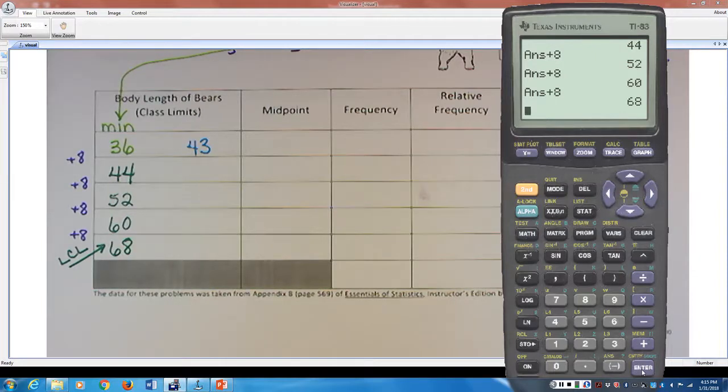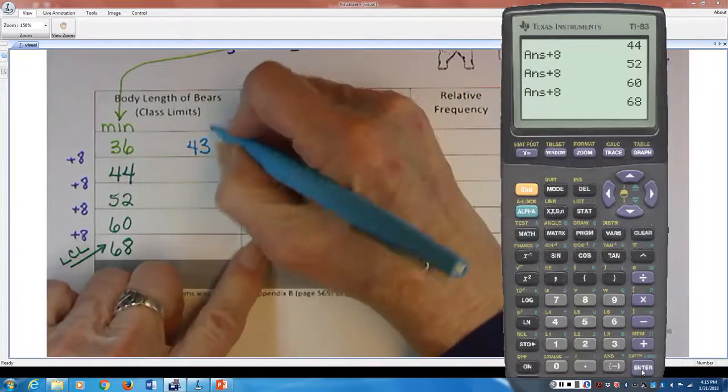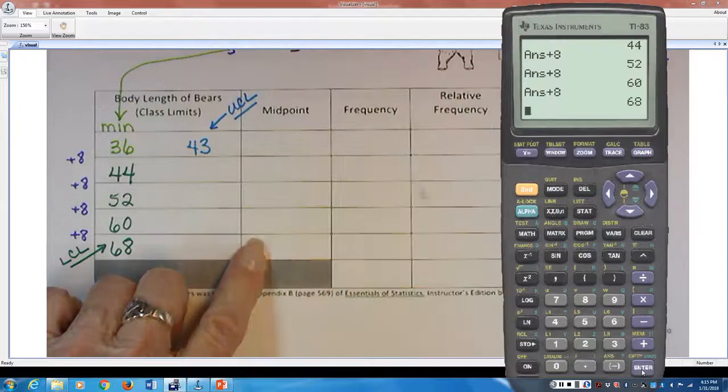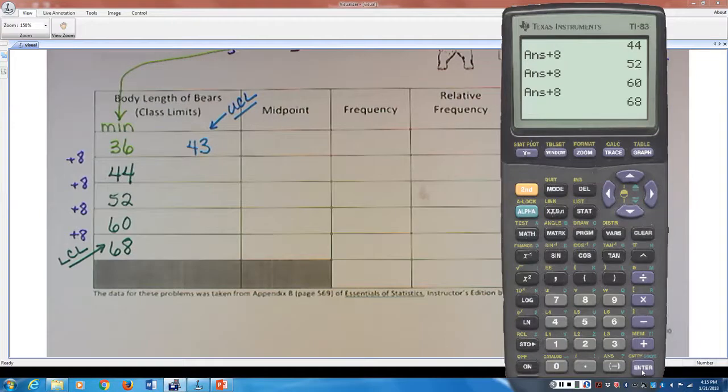So then now that I have my first upper class limit, which we call UCLs, I can simply take that 43 and add 8 to it, and then keep on adding 8 and get all the rest.